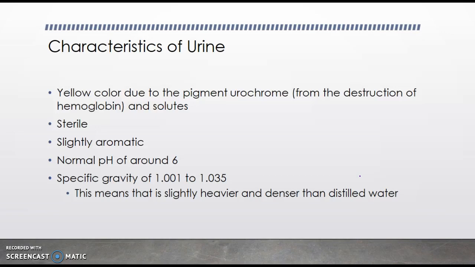It's sterile, meaning that it should not have any white blood cells in it or blood in general. It has a slight scent to it, and it has a pH of around 6. It has a slightly higher specific gravity. That means it has stuff in it other than water. And we know it has stuff in it other than water because we just talked about all the things that you filter out of your body, like potassium and hydrogen ions.